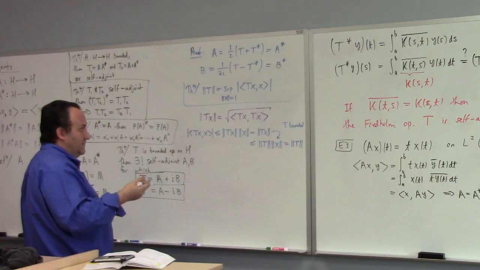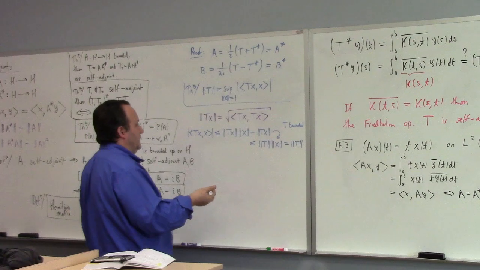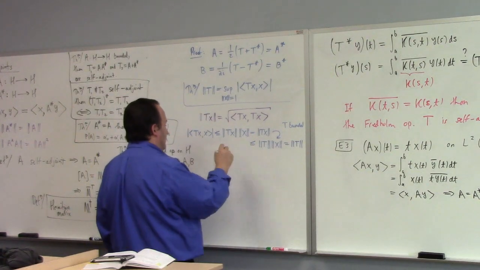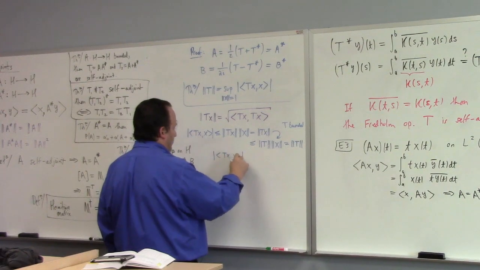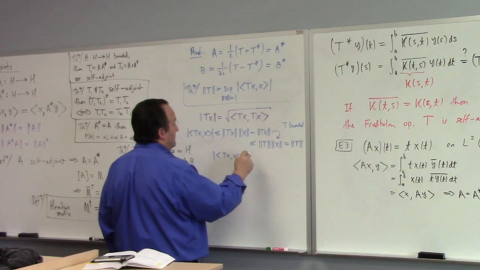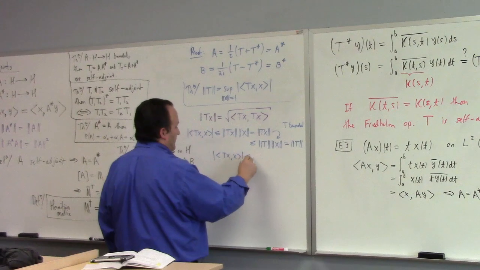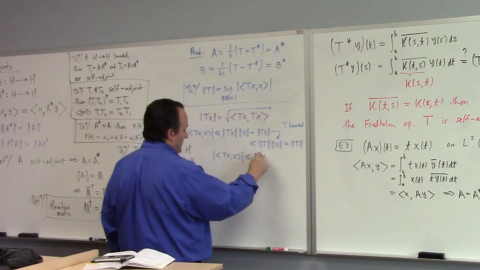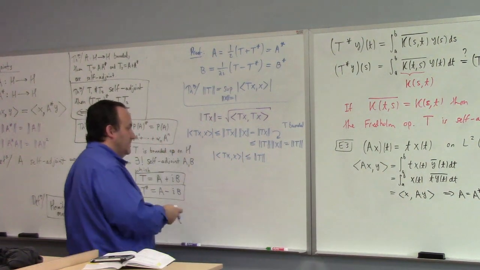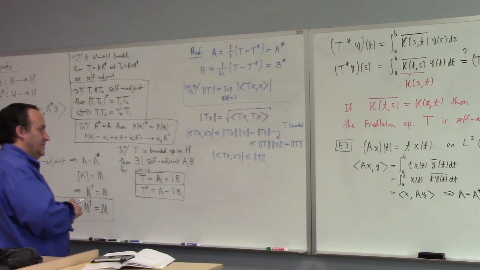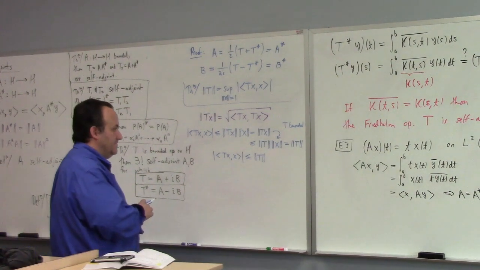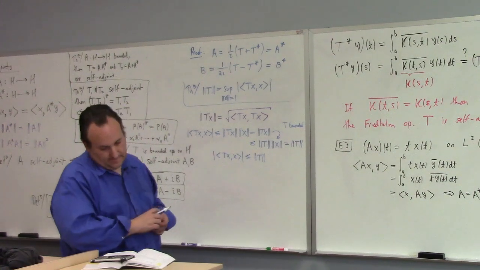So this shows you that this quantity, whatever it is, is less than or equal to the norm of T. So the norm of T is an upper bound, so the supremum of it is at most that.